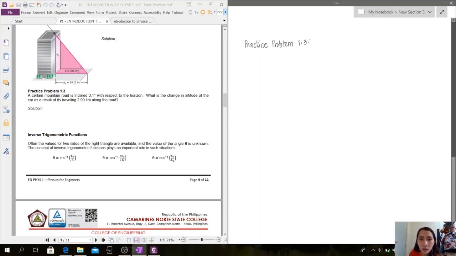For practice problem 1.3, let us try to solve and check if your answer is correct. A certain mountain road is inclined 3.1 degrees with respect to the horizon. What is the change in altitude of the car as a result of its traveling 2.90 kilometers along the road?